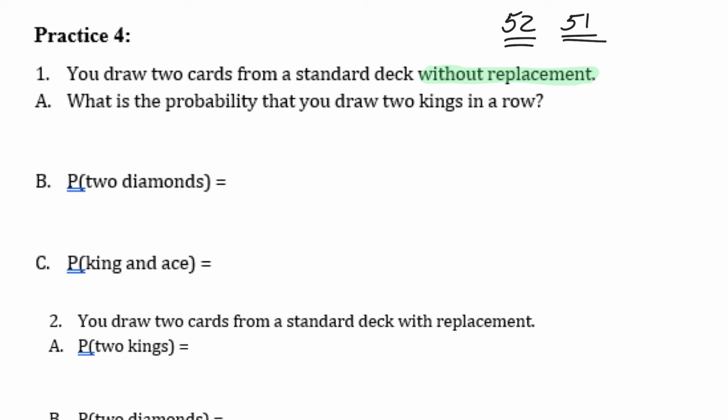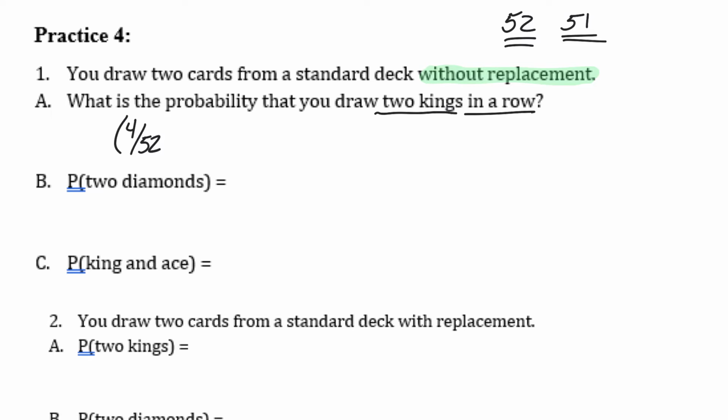So what we have here is, what is the probability that you draw two kings in a row? Well, the probability of selecting the first king is 4 out of the 52 cards are kings.